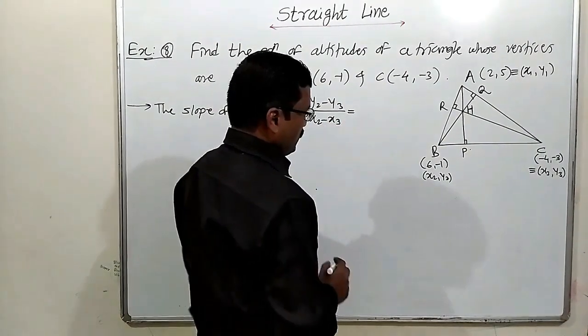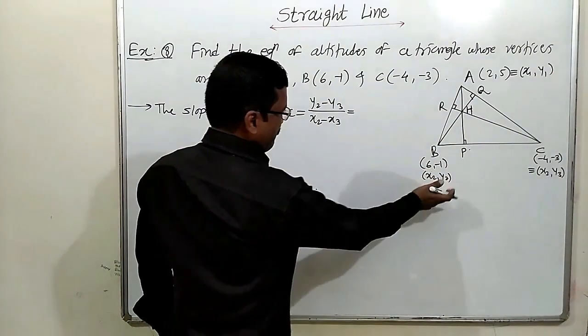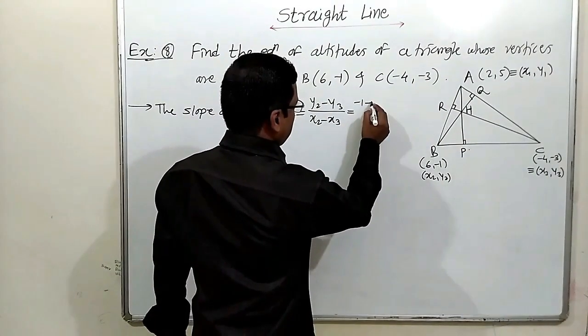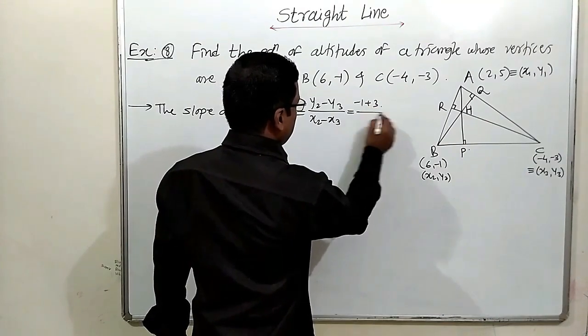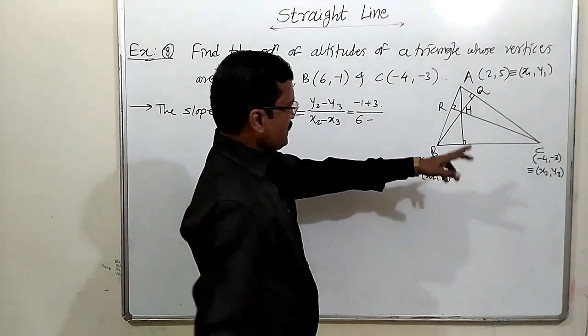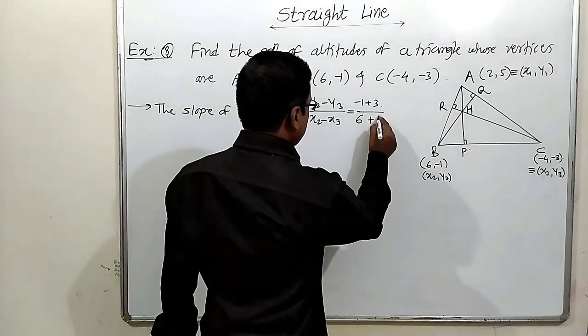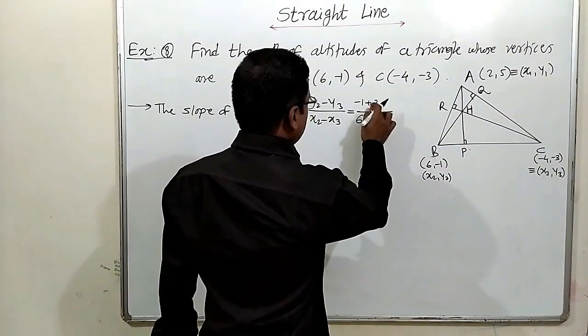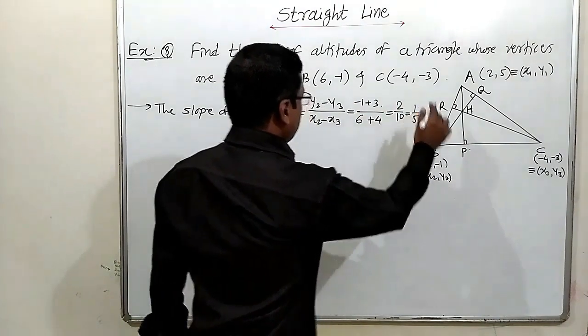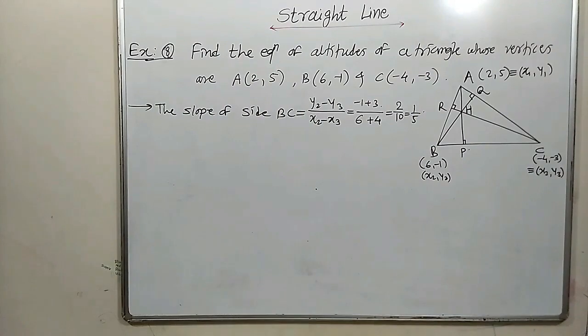Y2 is minus 1 and y3 is minus 3, so minus minus is plus 3, upon x2 is 6 and x3 is minus 4, its negative is plus 4. So it is equal to 2 by 10, that is 1 by 5. So that is the slope of side BC.